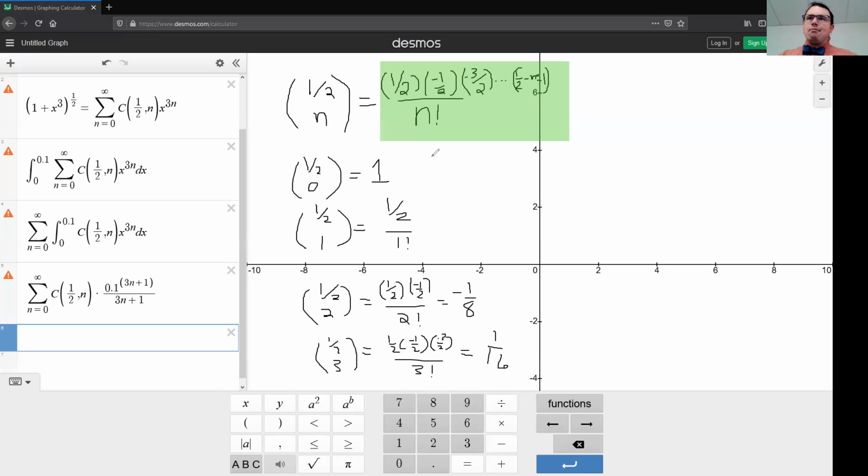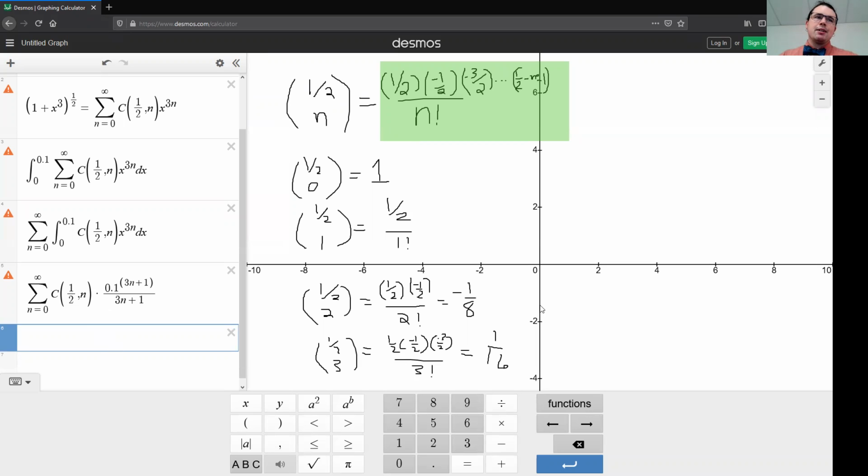So besides the number 0 binomial coefficient, for an exponent of 1/2, these will be alternating from positive to negative. So I can use my alternating series approximation. So let's say I did stop at fraction number 1.